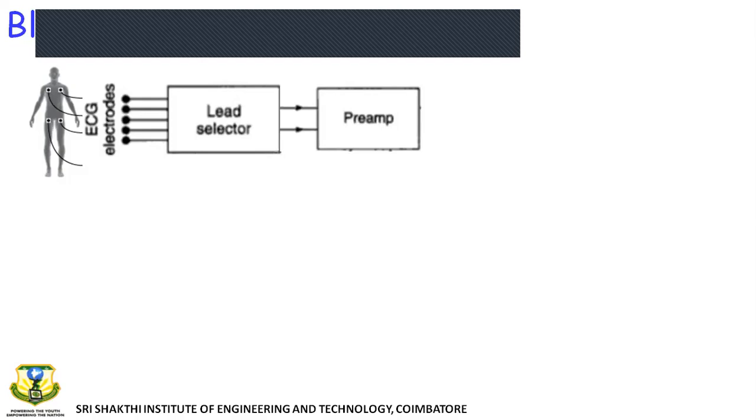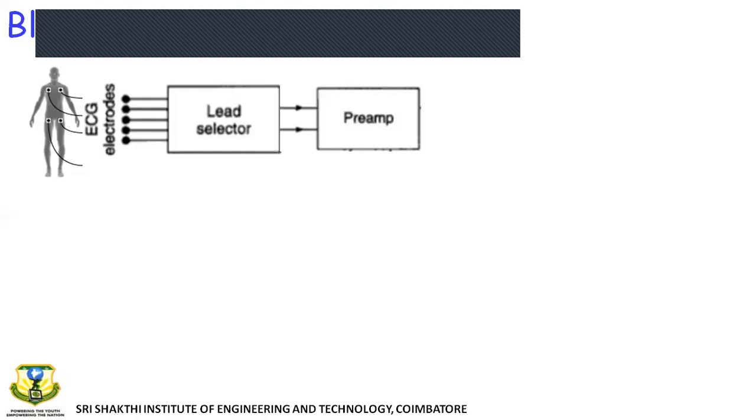The pre-amplifier will convert the signal from the microvolt or millivolt signal that originates from the body to a voltage range. To be more technical, these pre-amplifiers will be feedback amplifiers and differential amplifiers.